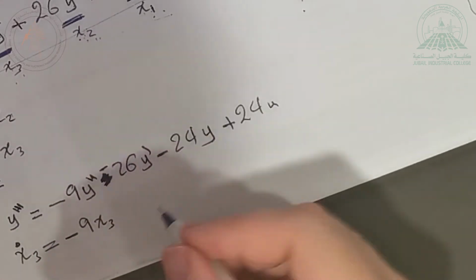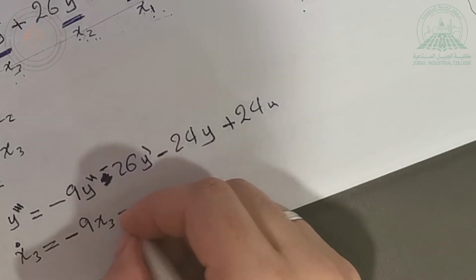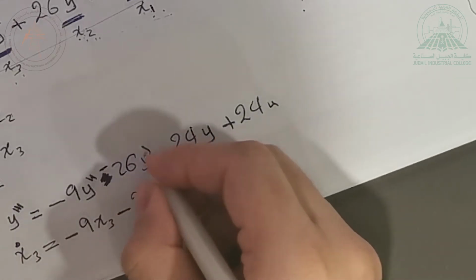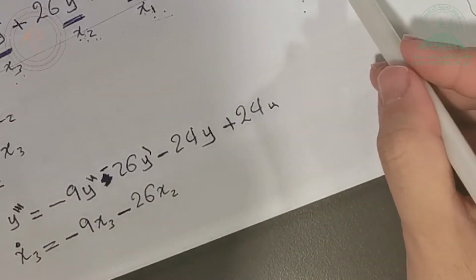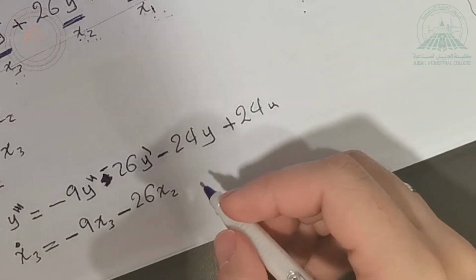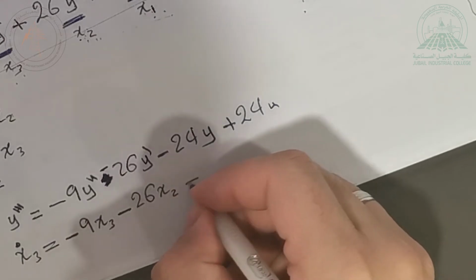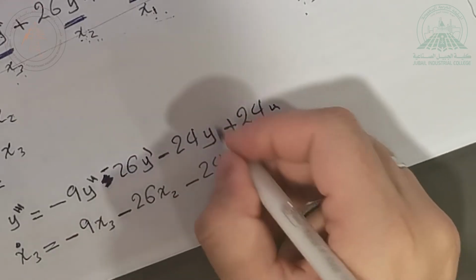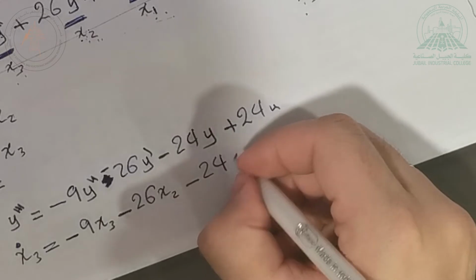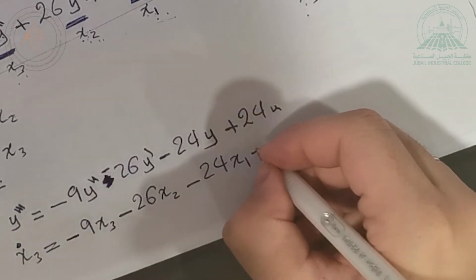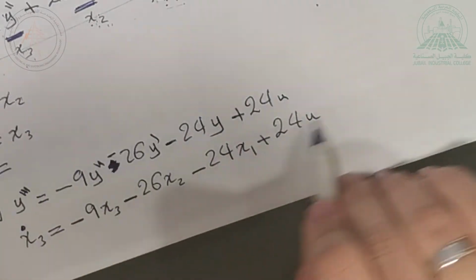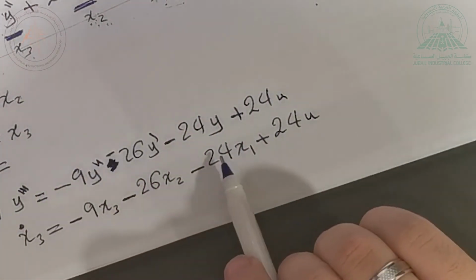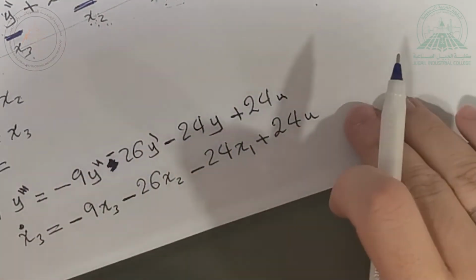Y prime is x2, right? So I can say minus 26x2. Minus 24, what is y? It is x1, plus 24u. Okay, so remember that for a state equation, I need everything to be written in terms of states or inputs, and this is what I have here.